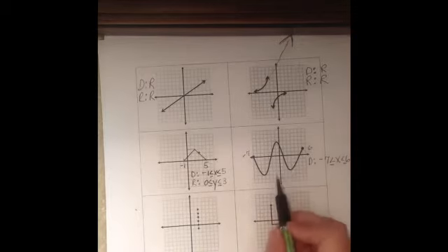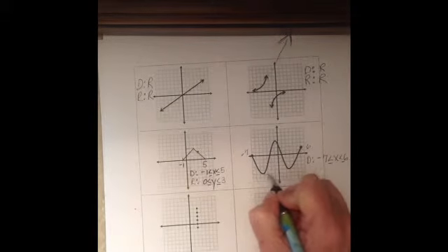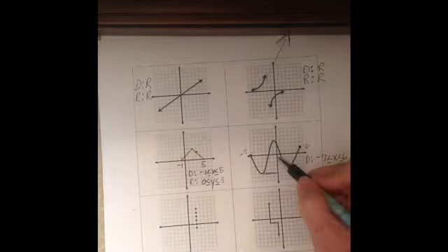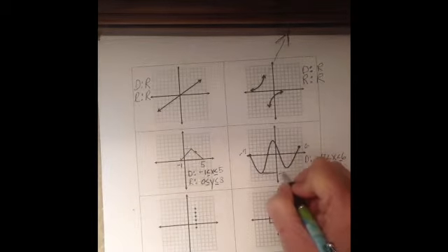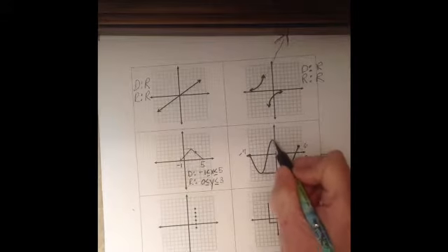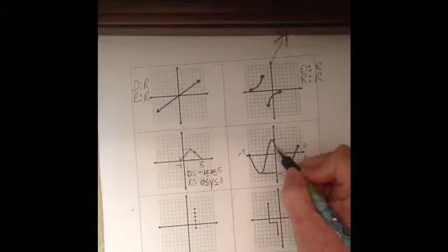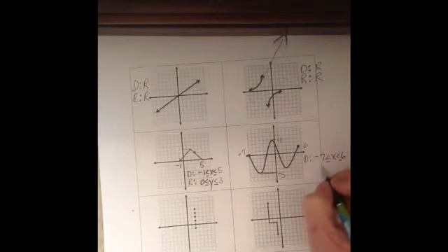Now what's my lowest y? Be careful because this side's lower than that. So if I go over here, this is 1, 2, 3, 4, 5, negative 5. And what's my highest point? 1, 2, 3, 4. So again, I put my endpoints.